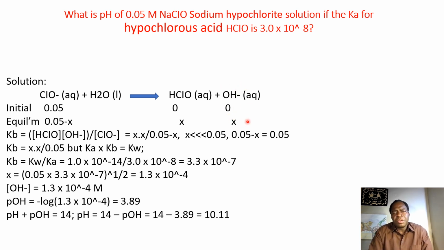Okay, and this is very, very important. This stoichiometry we are using here is very important, because in order to determine the pH, you're going to use the base ionization constant Kb of the hypochlorite.